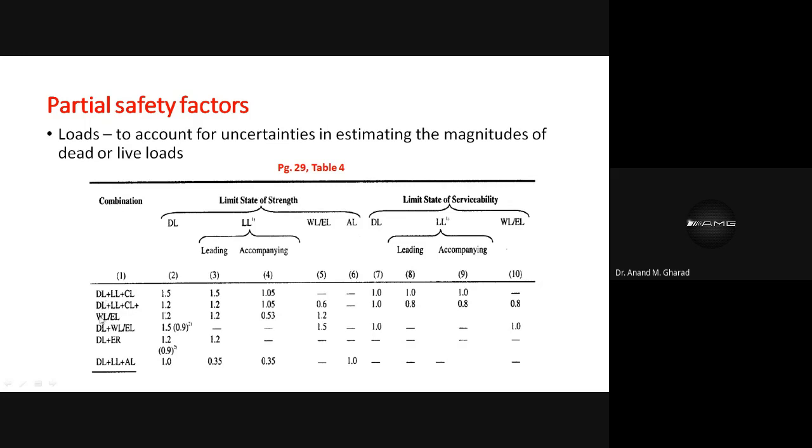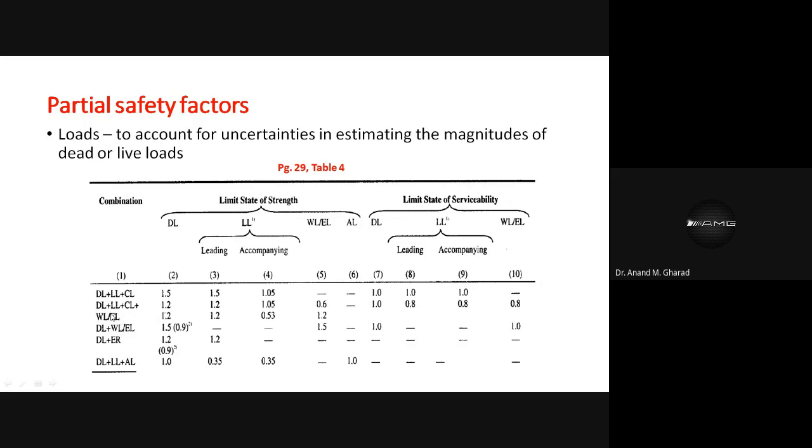Either of these will give the maximum combination, and it is observed that when an earthquake arrives, wind load is not predominant. And when there is no earthquake and there is only wind, wind load is predominant. Therefore, either of the combinations is to be considered: dead load plus live load plus wind load, and dead load plus live load plus earthquake load.